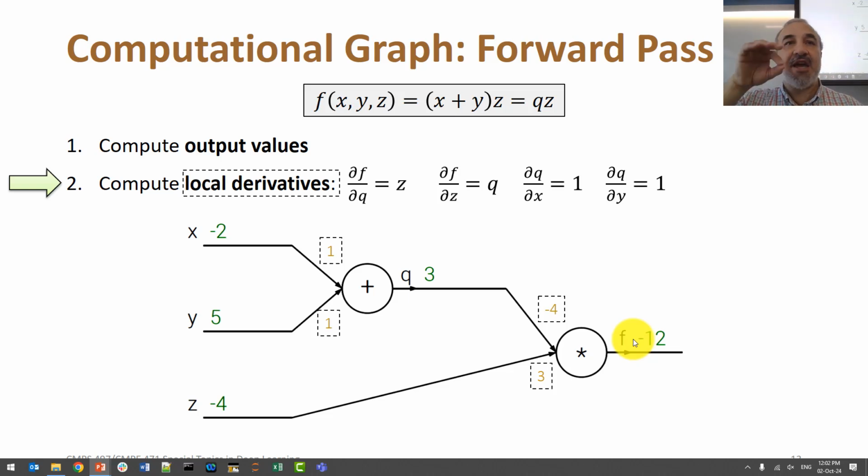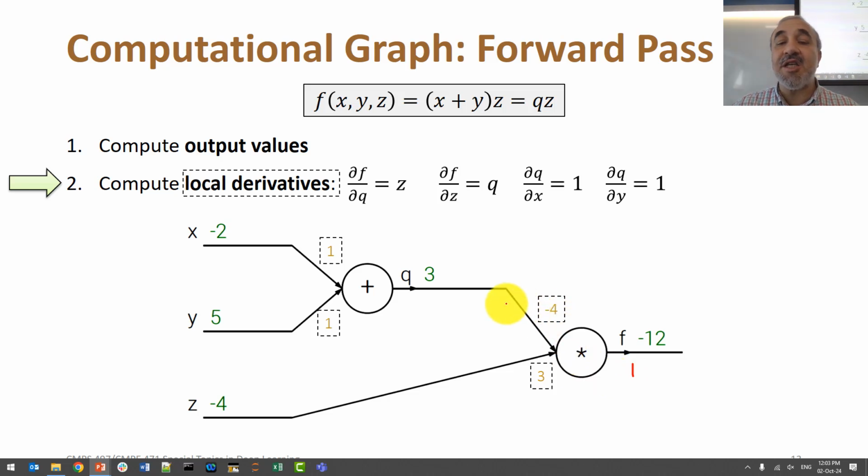So df by df is what? Is 1. Any change to f will change f, right? So it is 1. Okay, so this is the first thing. Let me write it here. With the red color, we will write the actual derivative. So this is 1. That's the derivative of f with respect to f.